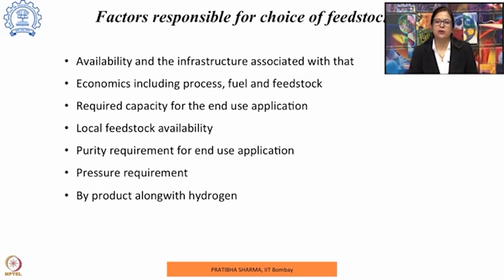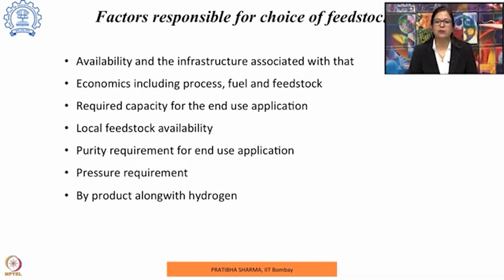It also depends upon the purity requirement of hydrogen for that particular application. For example, if it is to be used for fuel cell application, we know that the purity of hydrogen should be very high. However, if it is to be used for other applications, such as combustion in a gas turbine, even a lower level of purity will work.